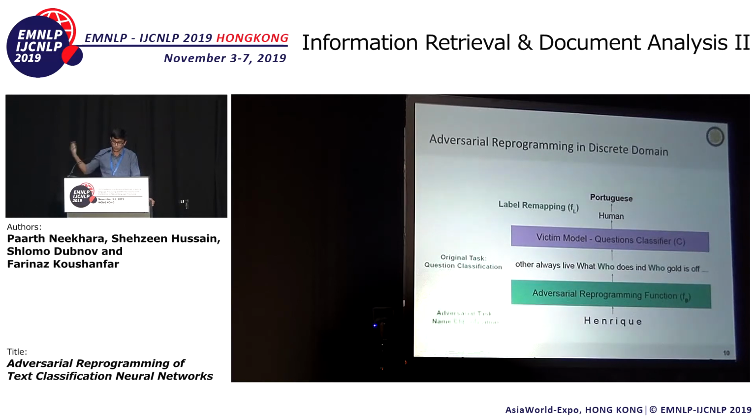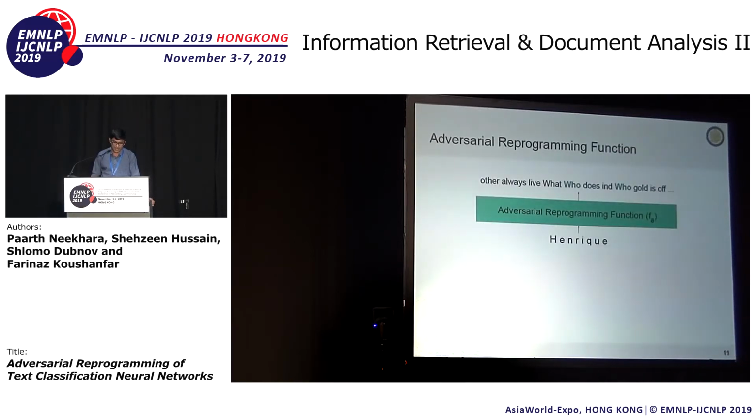Before we dive into that, let's see what some desirable properties of this reprogramming function are. One important consideration is that it should be computationally inexpensive. Because if it requires a lot of resources, then for the same cost, the attacker might as well just train a new classifier instead of repurposing some victim model for this task.